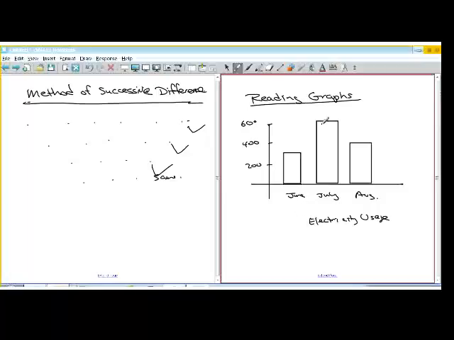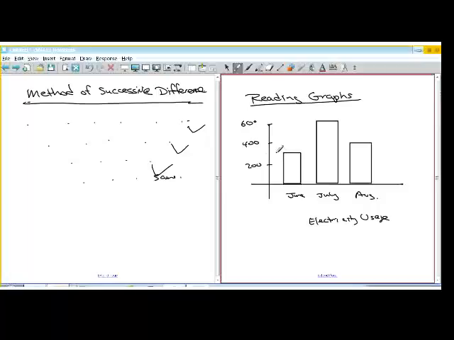So I might ask a question, which month uses the most electricity? So you come over here and you go, oh, that's the one with the big bar. So you say July.